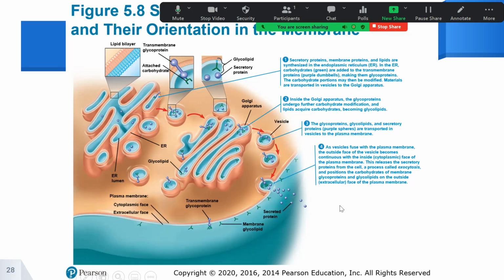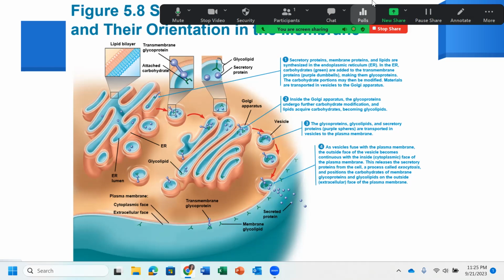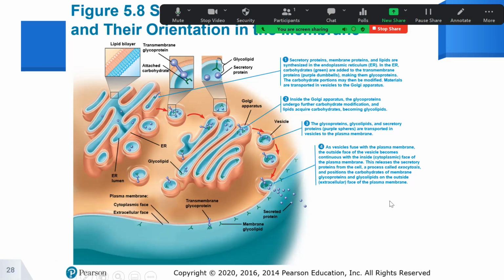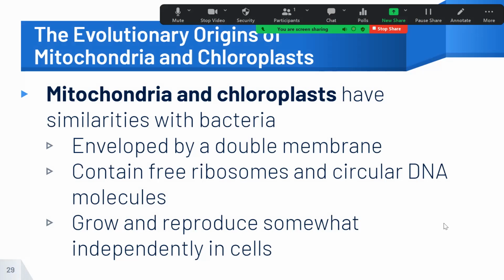And so that's what this diagram is showing you: the synthesis of those membrane components or those secretory proteins that will get released from the cell.